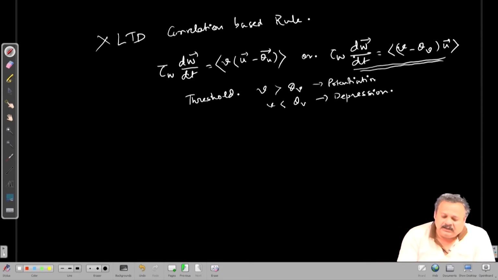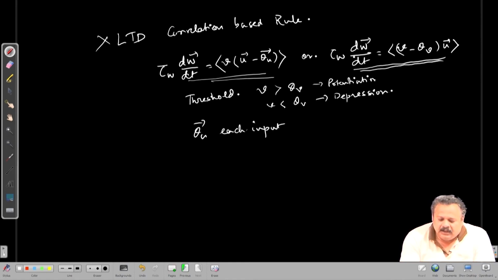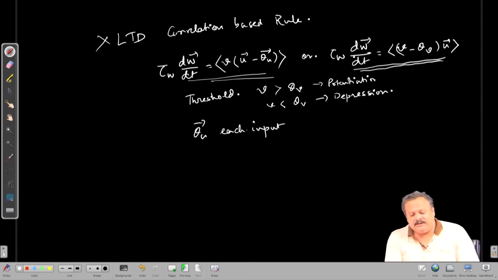And similarly, in the other case, which is the first case, again we are setting a threshold theta u for each and every input, those are the elements of the vector theta u, and so we would get potentiation or depression based on the input activity at each of the synapses.